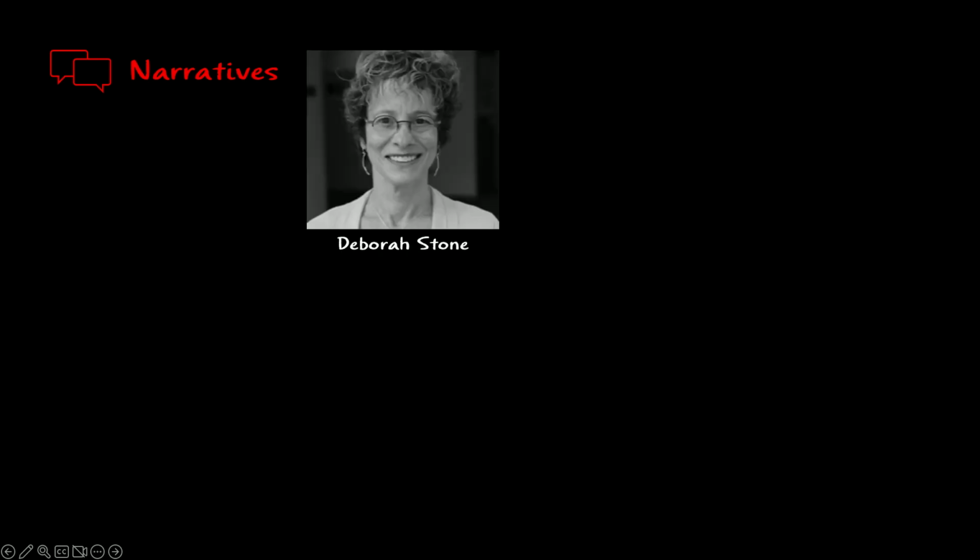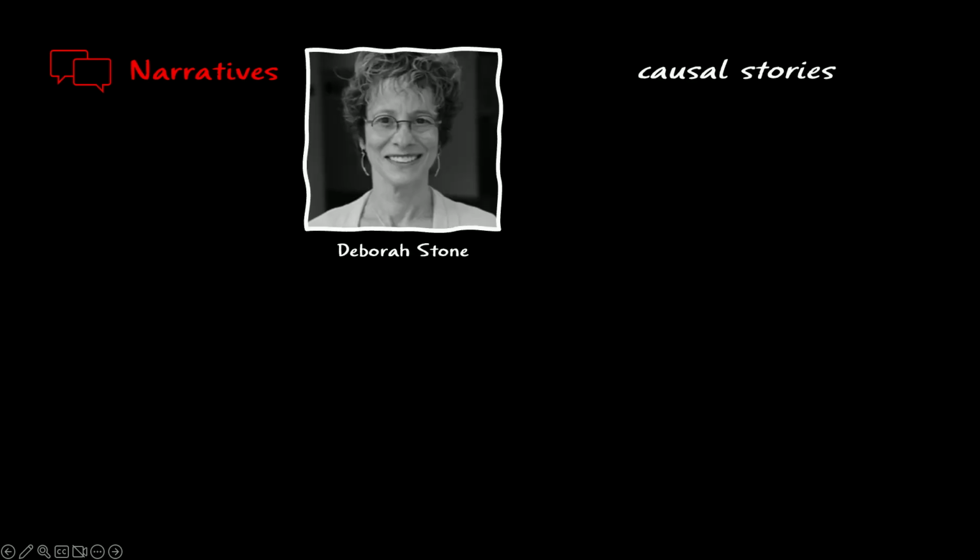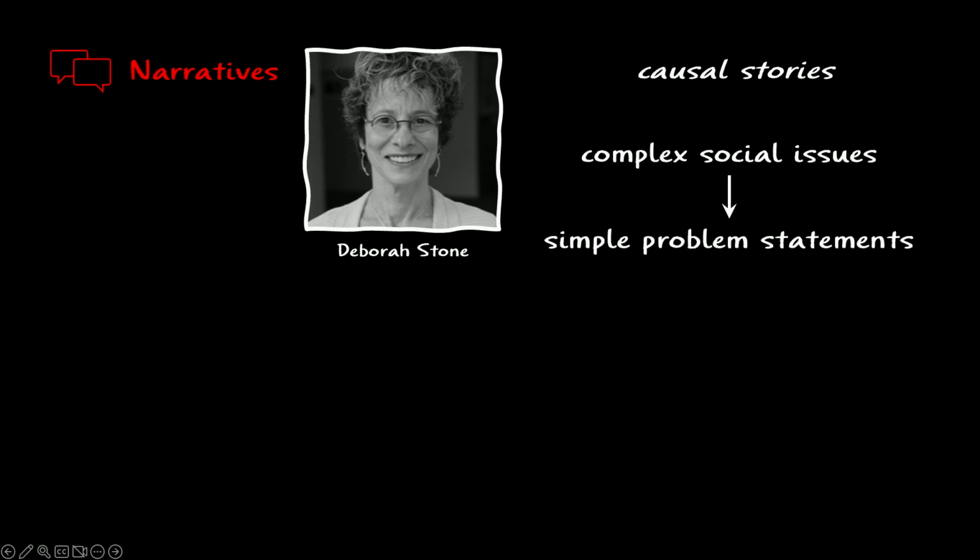And in this framework, there are a few different ways that we can think about how policies come to be. The first is through narratives, or what scholar Deborah Stone calls causal stories. Causal stories are things that take complex social issues and reconstruct them into simple problem statements.